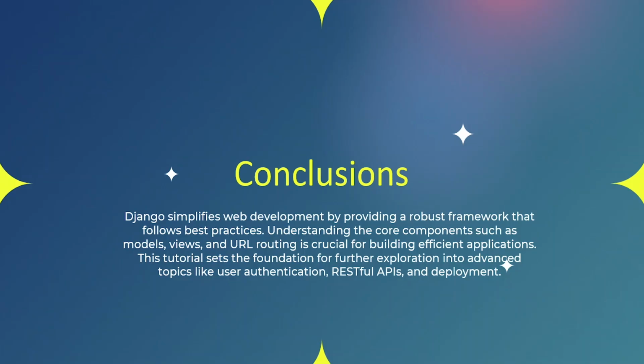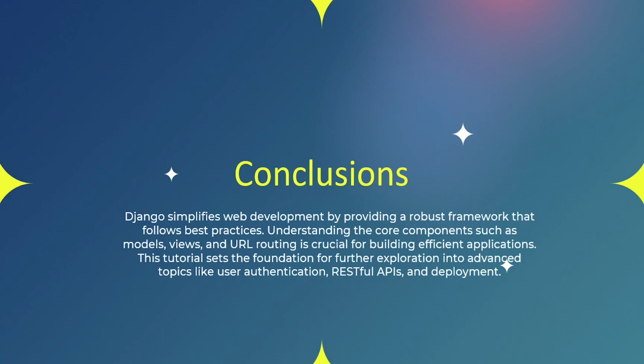And for conclusions, Django simplifies web development by providing a robust framework that follows best practices. Understanding the core components such as models, views, and URL routing is crucial for building efficient applications.